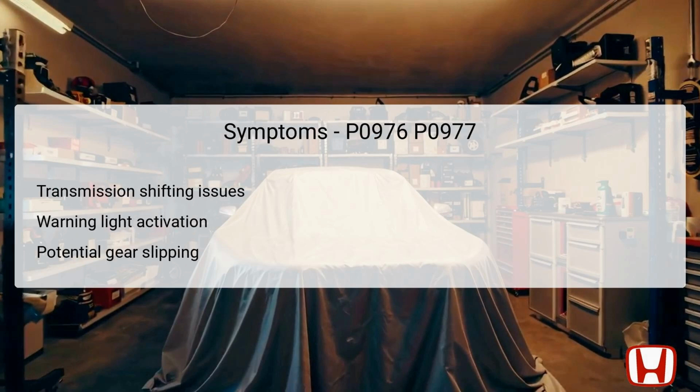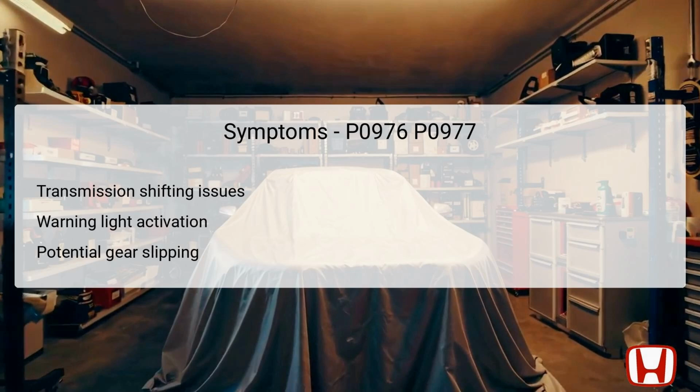When either DTC P0976 or P0977 is triggered, the vehicle may exhibit several symptoms during operation. Drivers might notice difficulty in shifting gears, particularly if the solenoid circuits are compromised, which directly impacts the transmission's hydraulic pressure.